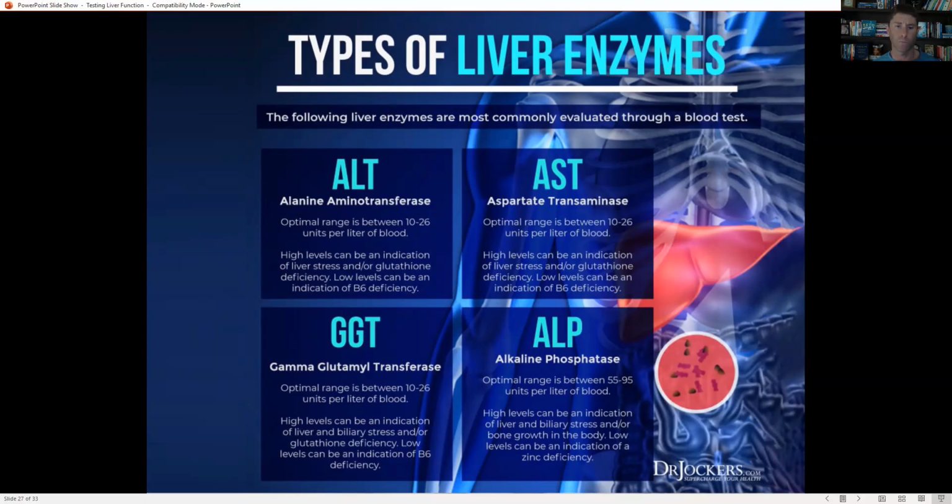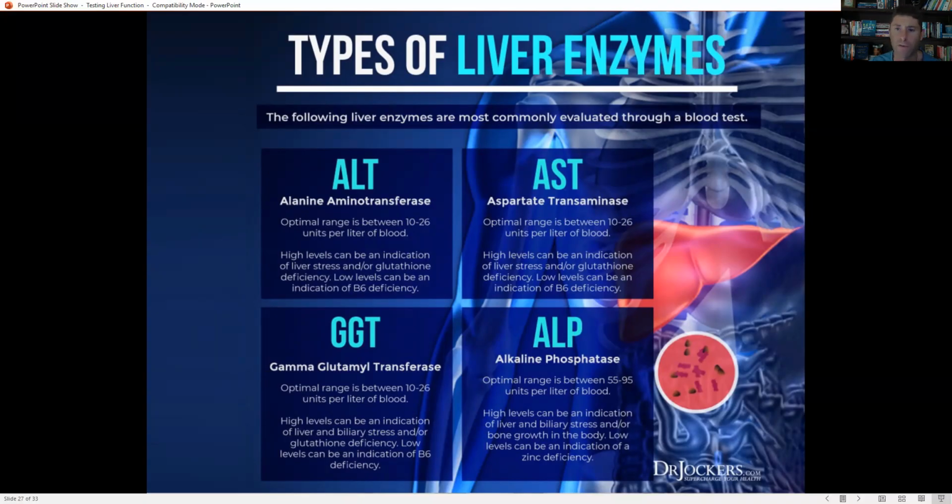GGT is more specific to the biliary tree. So if we're seeing GGT high, but ALT, AST normal, let's say, we've got to be thinking there's some sort of issue, inflammation in the biliary tree or the bile duct. If we're seeing AST high, but ALT and GGT more normal levels, but AST is way up high, that is a sign of inflammation, because AST we actually find in our heart, our kidneys, our muscles.